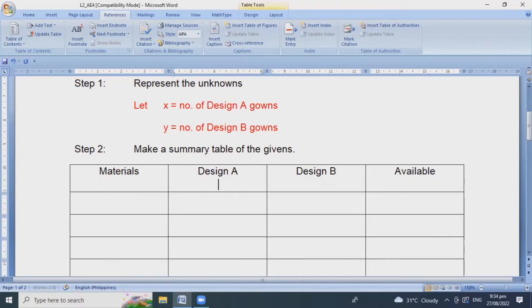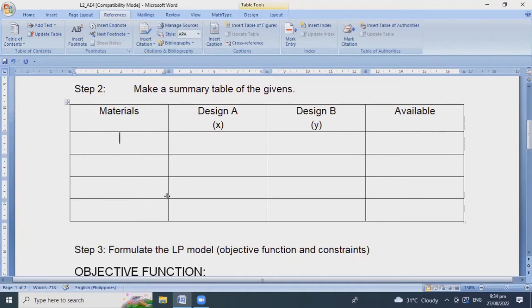So design A, we know, is represented by X. Can be capital, can be small letter. Then design B, represented by Y. So we have three materials that we can use to produce gowns: the cotton, the silk, and the wool.